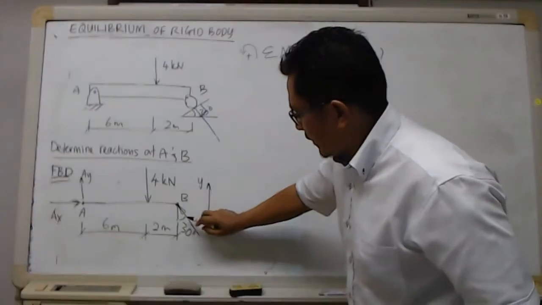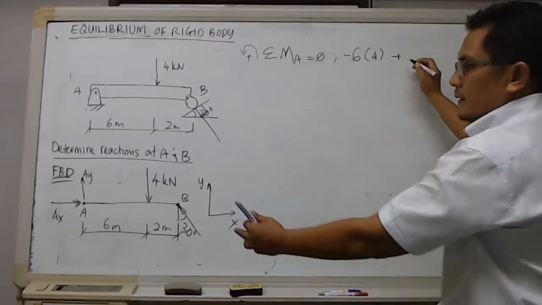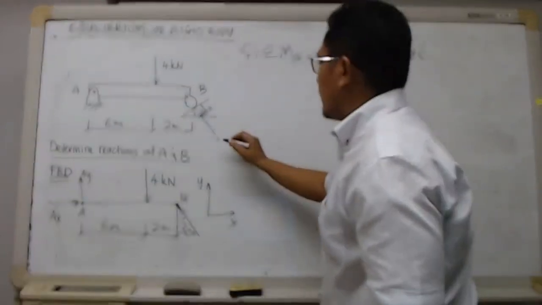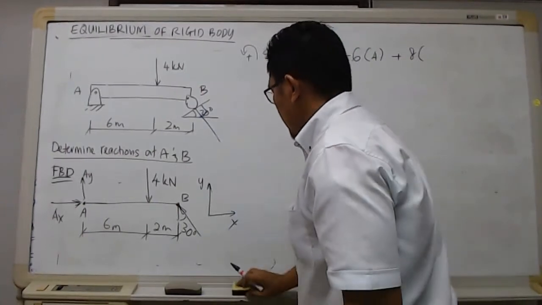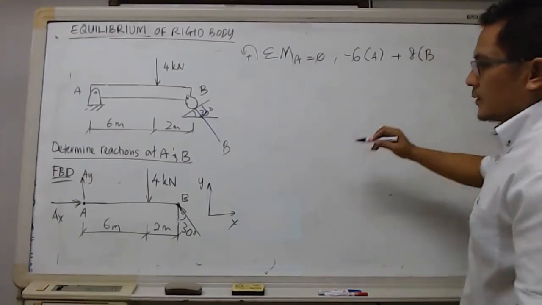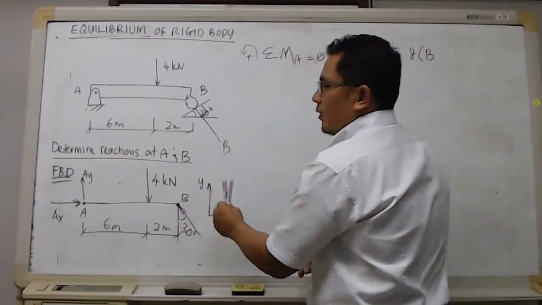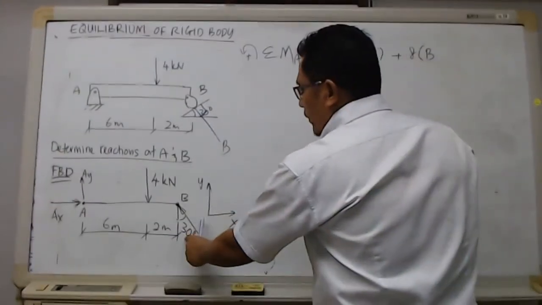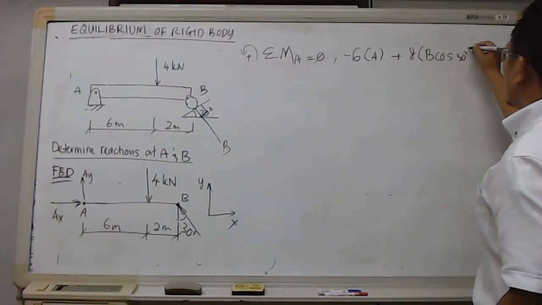And this force here, the distance A to B, plus 8, times the reaction, you call it, let's say, this reaction B, or you simply put B times B. So if you resolve the force into the X and Y, the only force that creates moment is the Y component of the B. Y component of the B is B cos 30 degree.